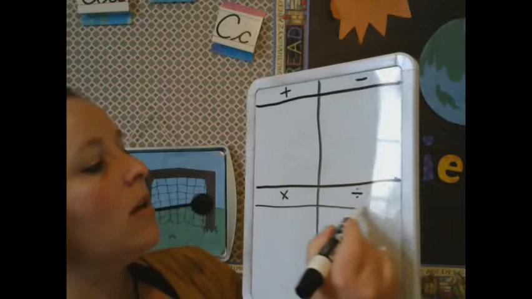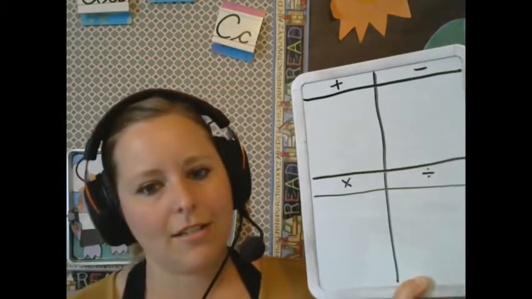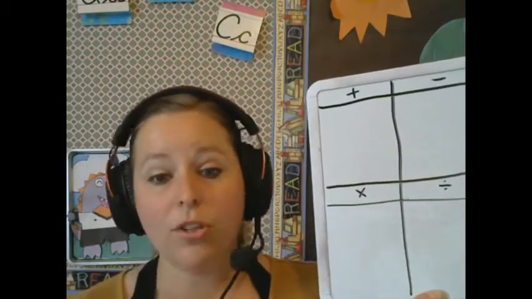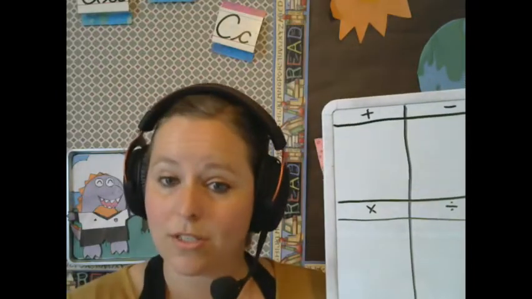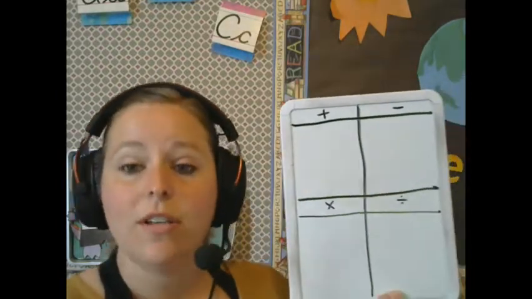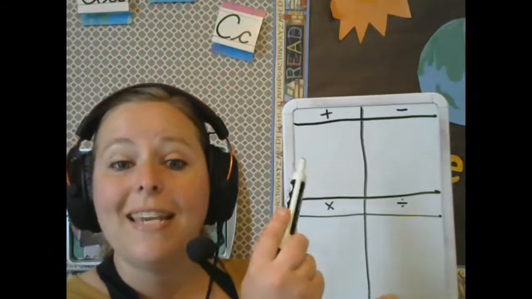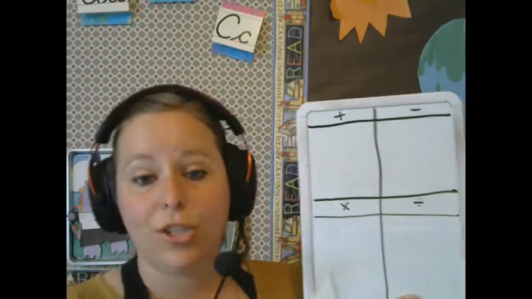Okay, so sometimes when we're doing story problems, it's kind of hard to tell exactly which operation it's asking you to do. So something that we look for is these little catchphrases. And catchphrases are just words that give us clues as to which operation it wants us to do. Here are some of the words that you'll see that mean you should do addition.